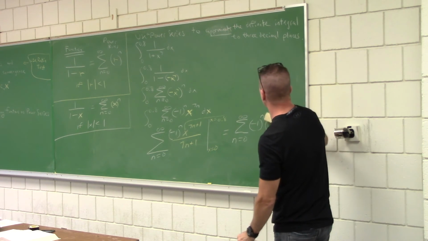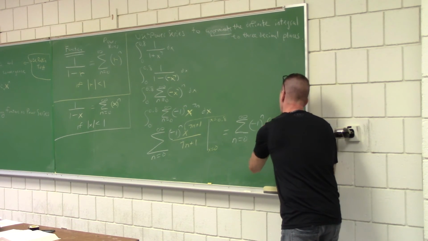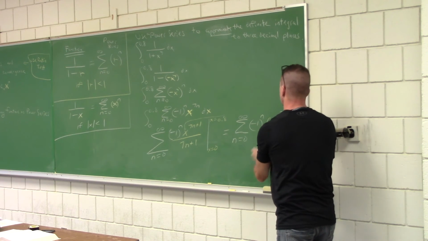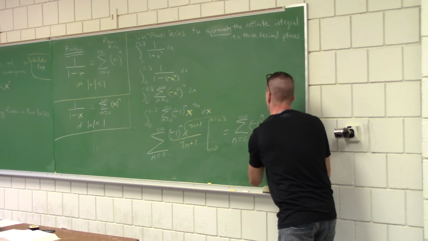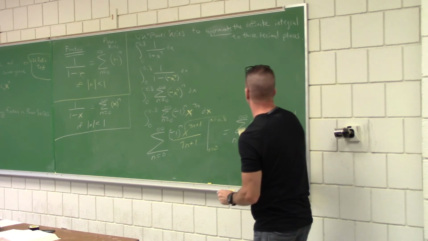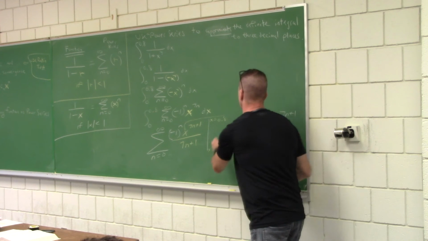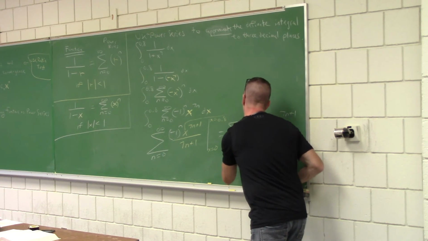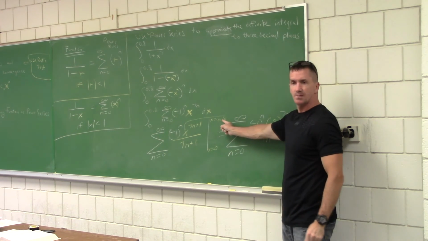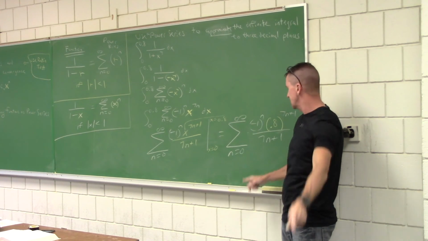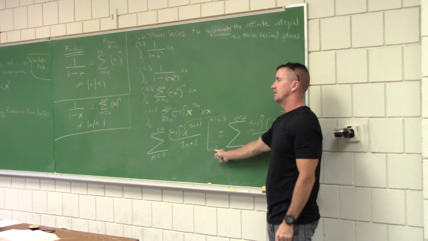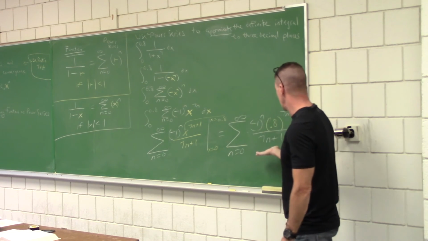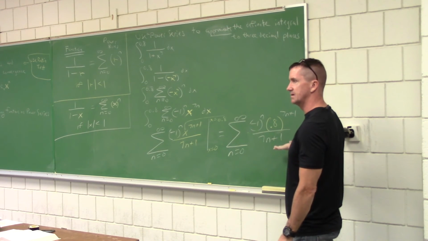Raised to the 7n plus 1, all over 7n plus 1. Now when I substitute this number, I then have to put a minus sign and substitute the other number. But I'm not going to write that, because what happens when you put a 0 here? 0. Does everyone agree? You can write minus 0 if you want, but you don't have to.